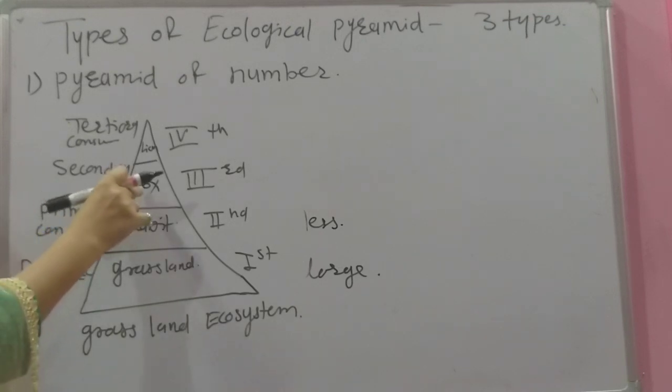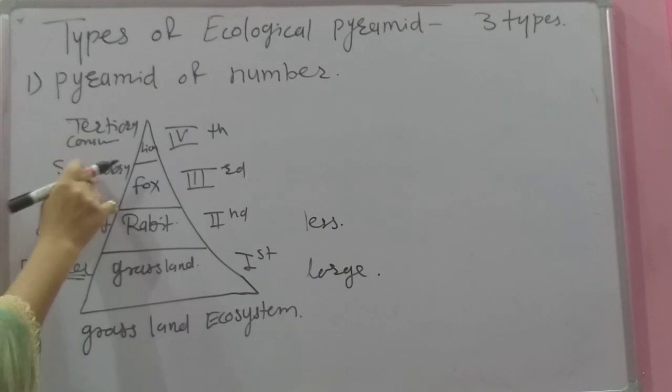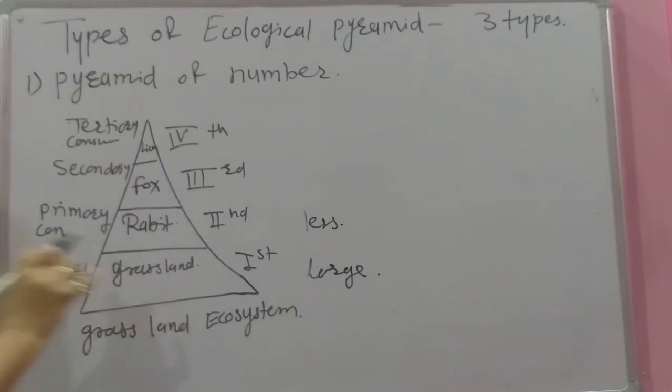Then the third trophic level is the secondary consumer, that is the fox, meaning how many foxes are present in this grassland ecosystem.